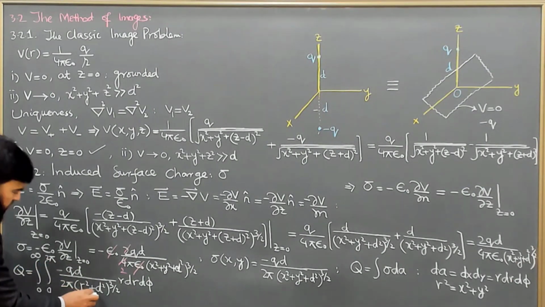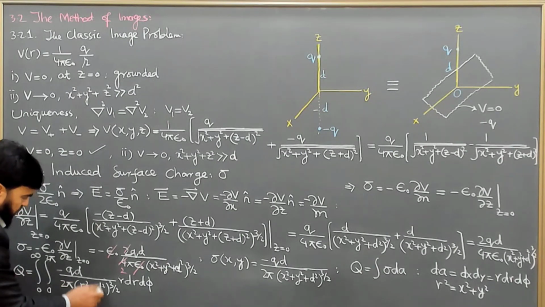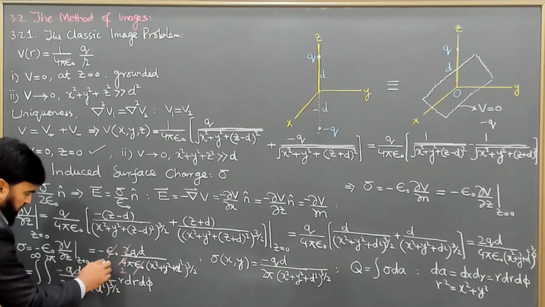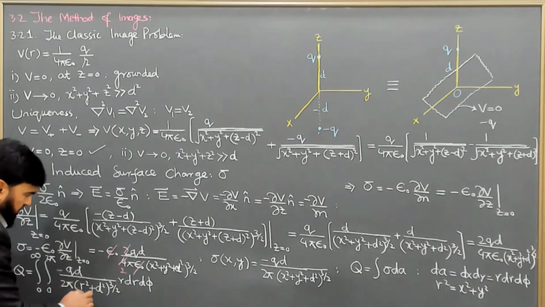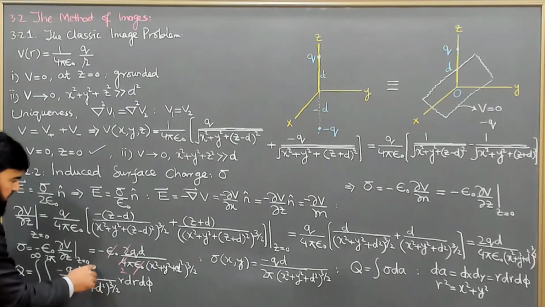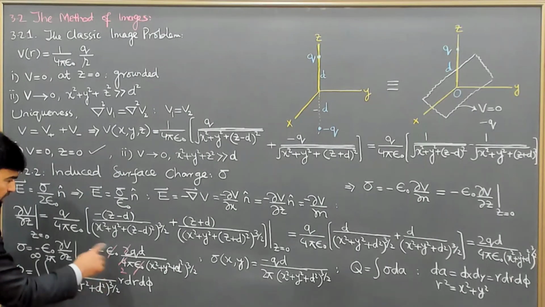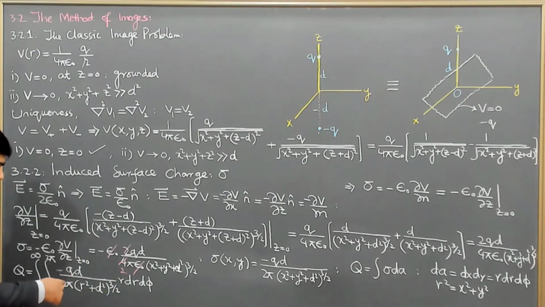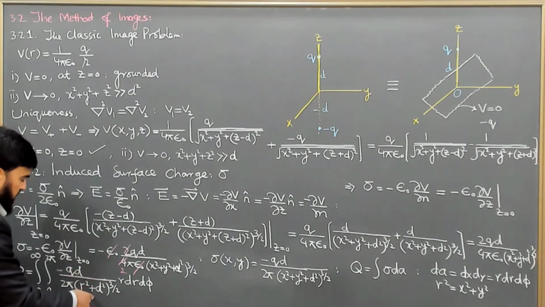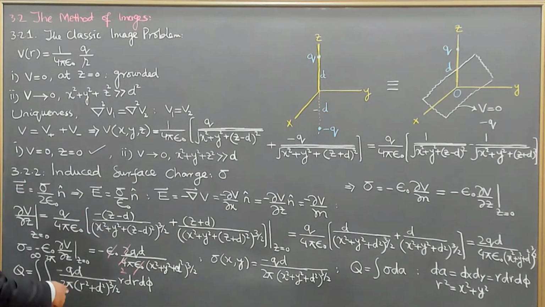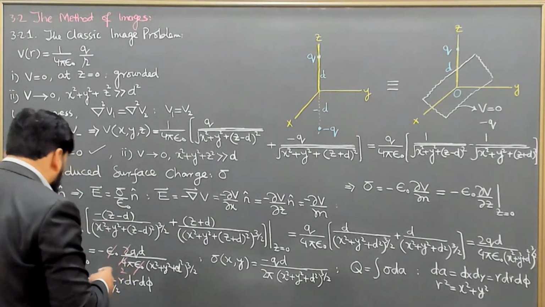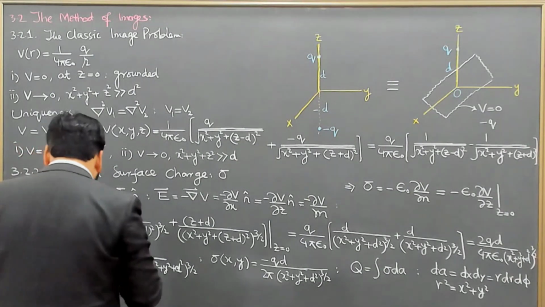This will become r square plus d square to the power minus 3 by 2 plus 1, divided by minus 3 by 2 plus 1. So minus 3 plus 2 is minus 1, so it is minus 1 over 2 here and also minus 1 over 2 there. Now the minus and minus cancel and one minus will remain.